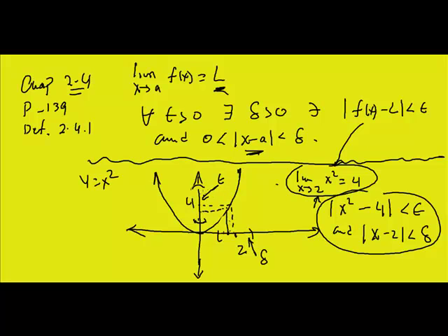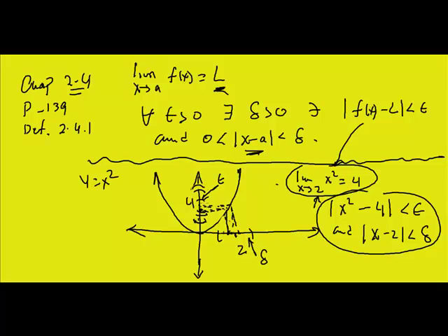So if we keep playing this game, let's say you make epsilon even smaller, and if I can find some x value that I can plug in and fall within your neighborhood, and you keep making your neighborhood smaller, and if I can find some value close to 2 when I plug it in, it falls inside your neighborhood.